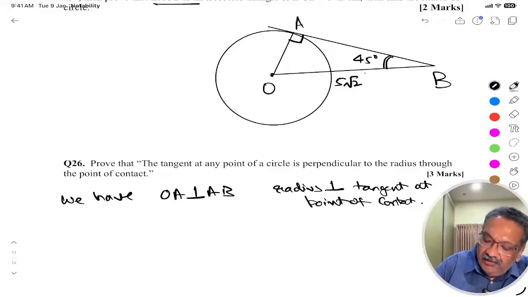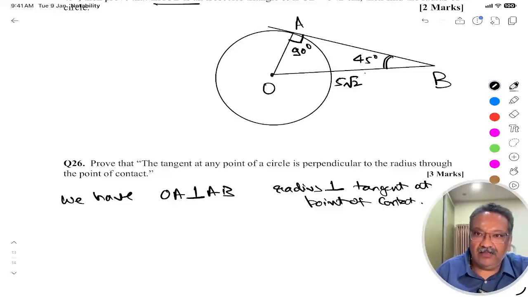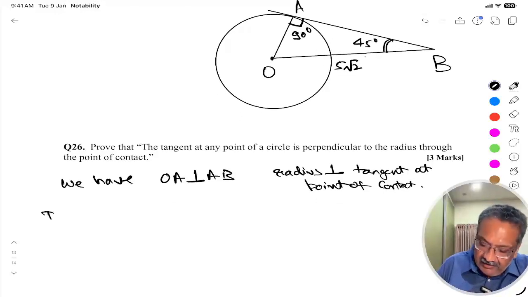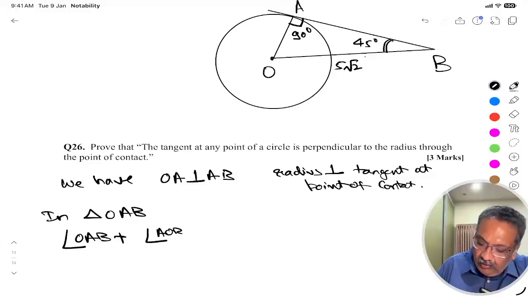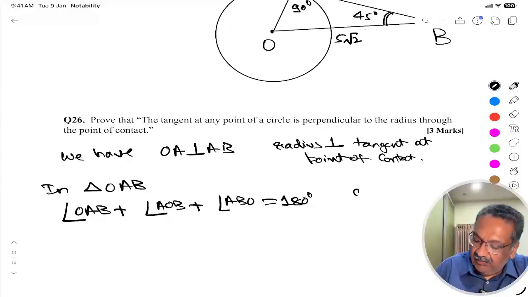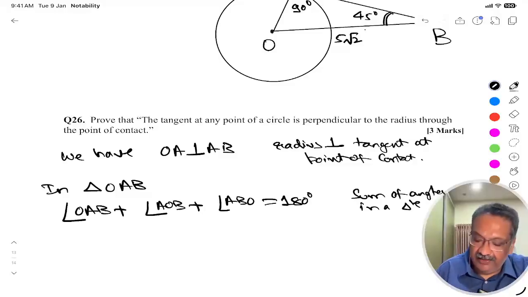So this will be 90 degrees. So in triangle OAB we have angle OAB plus angle AOB plus angle ABO. The sum of angles in a triangle is 180 degrees.